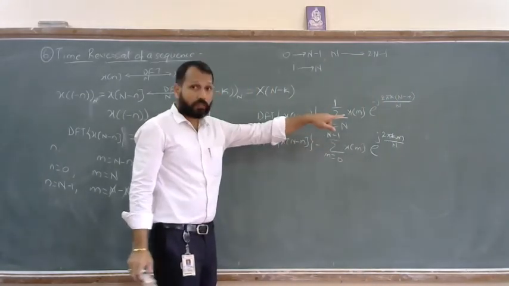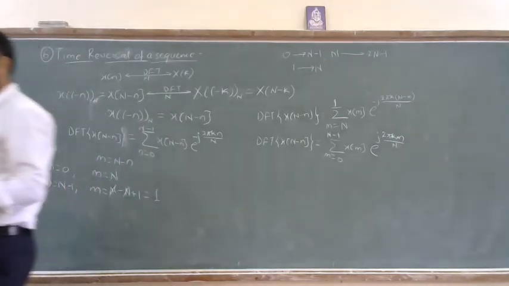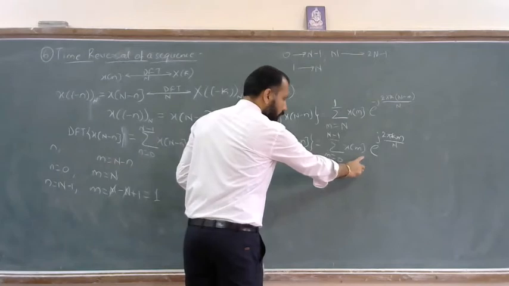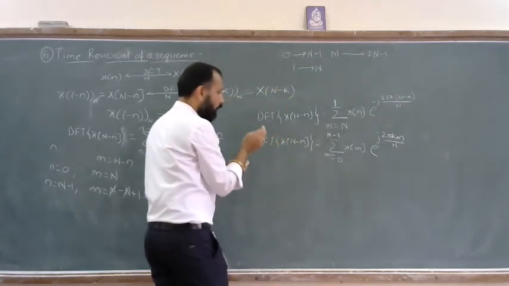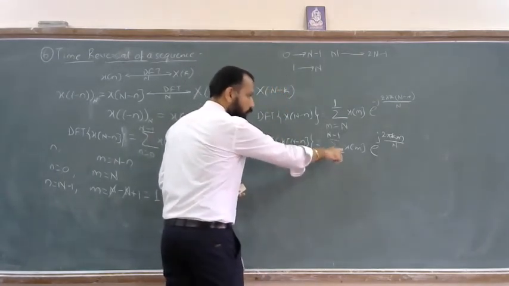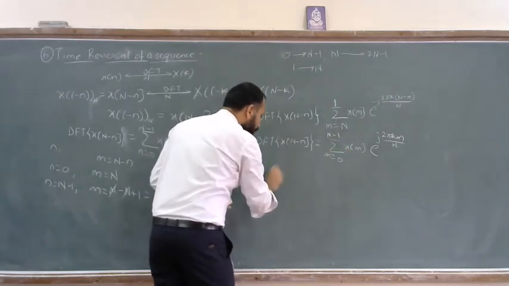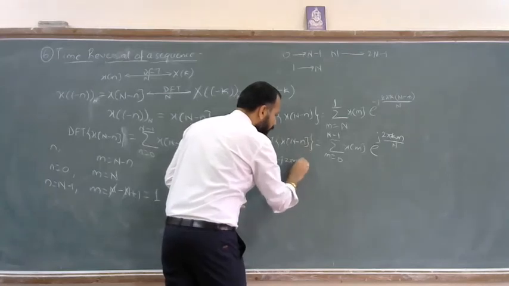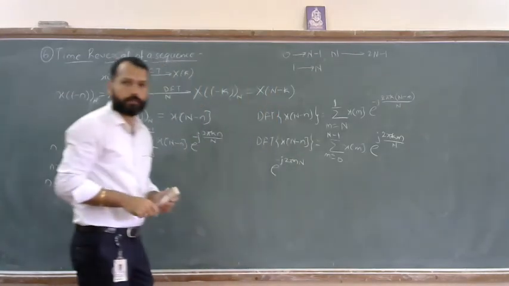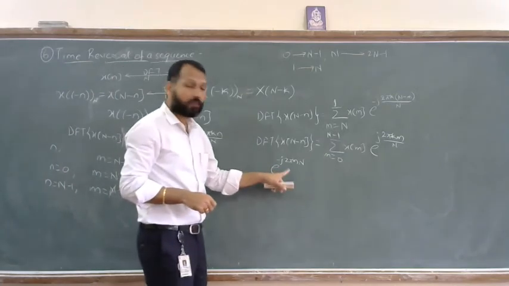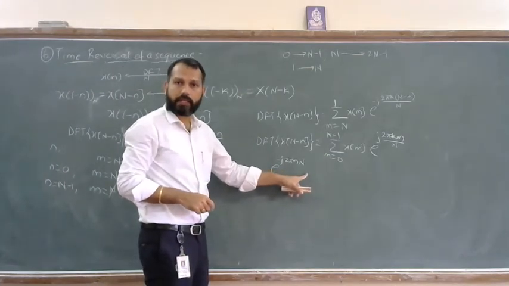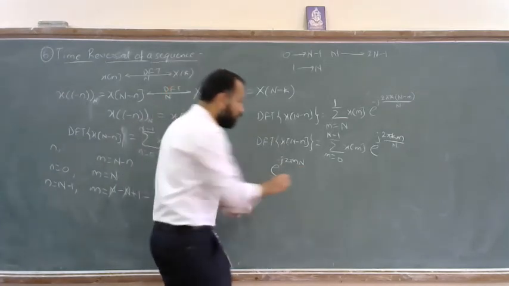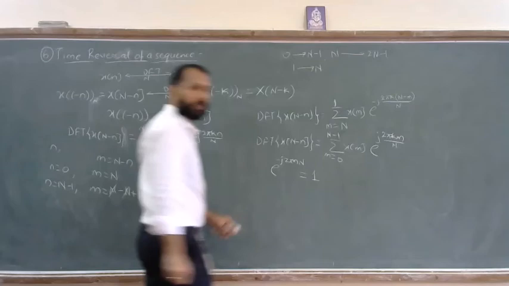Okay. Now because of that property itself, we will be exploiting the same one. Because it was 1 in this summation, the right part of this equation will be multiplied by e to the power minus j 2 pi m into capital N. Now what will be the value of this exponential? n is an integer, m is an integer, and this will also be an integer multiple of 2 pi, which will be equal to 1 always.